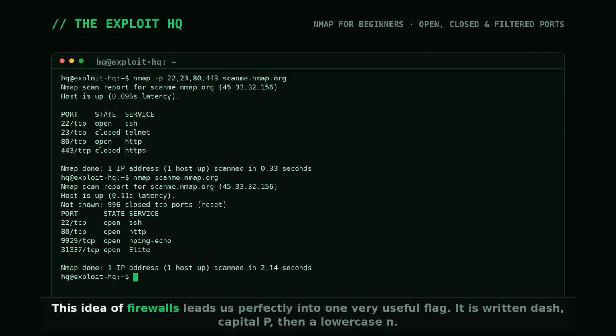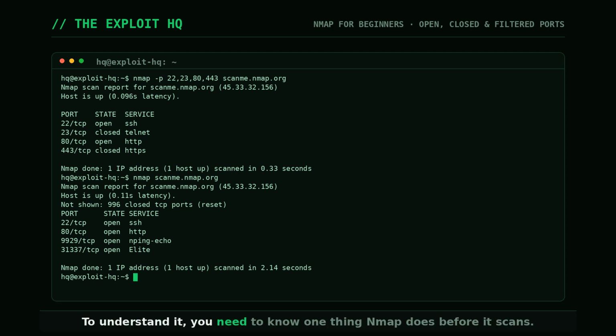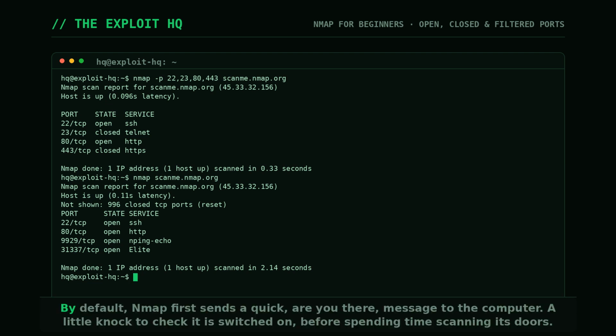This idea of firewalls leads us perfectly into one very useful flag. It is written capital P, then a lowercase n. To understand it, you need to know one thing Nmap does before it scans. By default, Nmap first sends a quick "Are you there?" message to the computer. A little knock to check it is switched on before spending time scanning its doors.